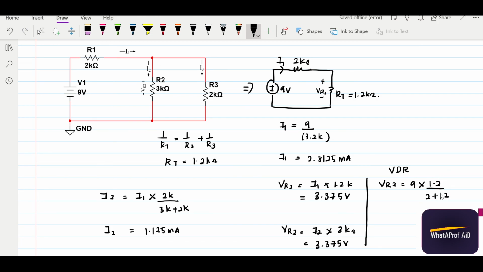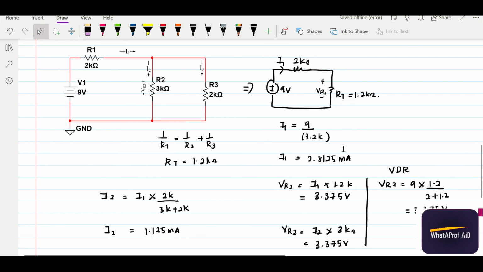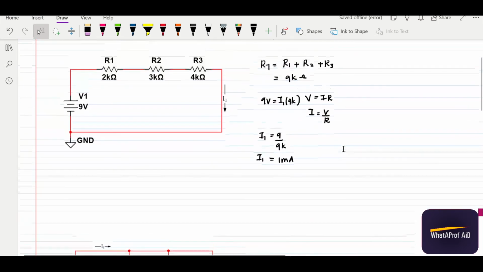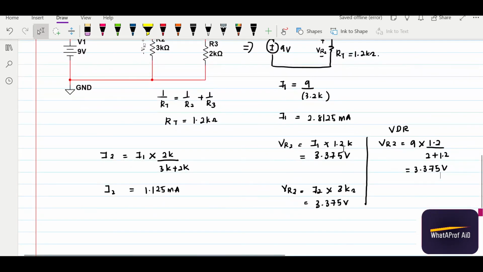I didn't write it all out. So we get the same voltage here. So I hope you understand this, using these basic principles to analyze the circuits. That's all. Thank you.